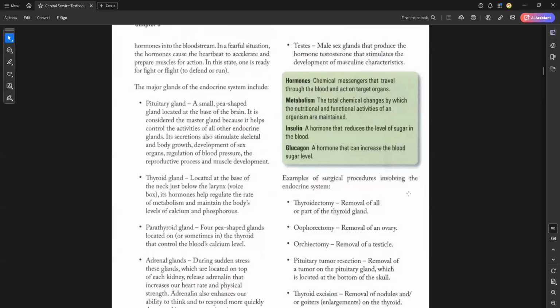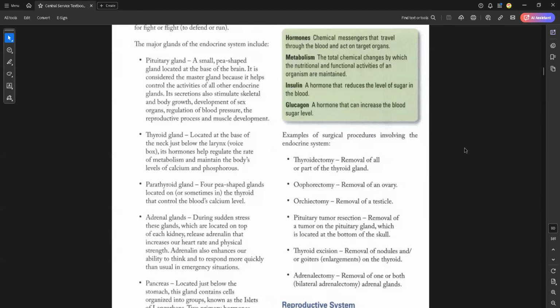Okay, so the major glands of the endocrine system include the pituitary gland. The description is there. Its secretions stimulate skeletal and body growth, development of sex organs, regulation of blood pressure, the reproductive process, and muscle development. So the pituitary gland plays a very key role. Then the thyroid gland is also there, and then we have the parathyroid gland, and then the adrenal glands. Adrenaline.